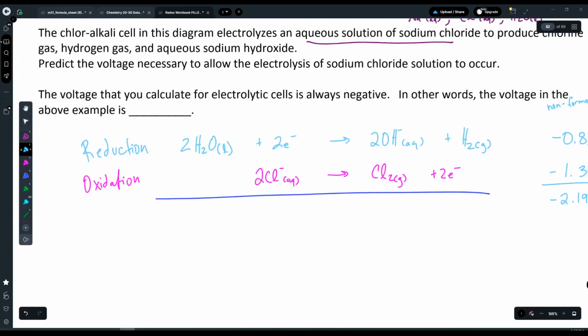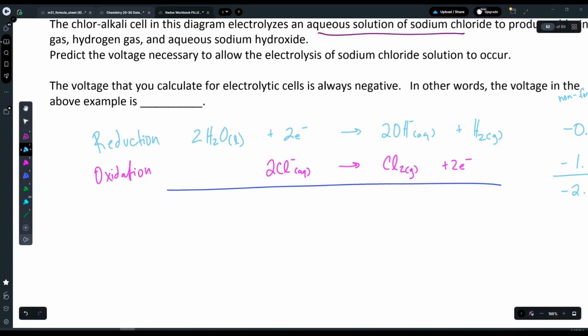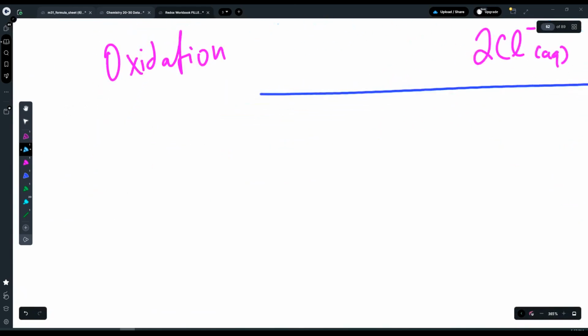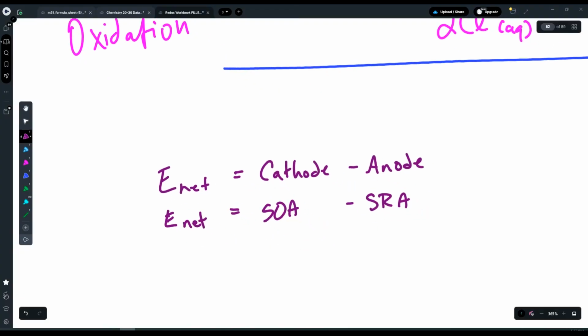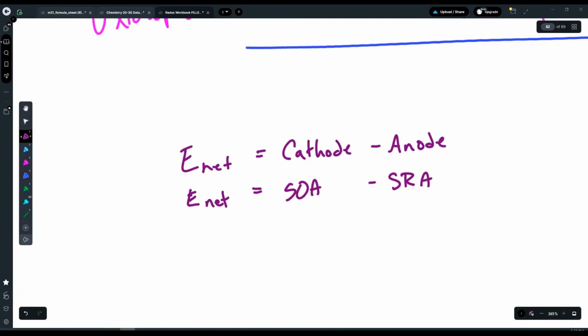If you wanted to use the formula way, then what you could use is this. So E net, you can choose to go cathode minus anode, or you could do SOA minus SRA. You can choose which one of these you like best and go with it. Okay, I'm just going to go with the SOA minus SRA just because it's the last one I've written.